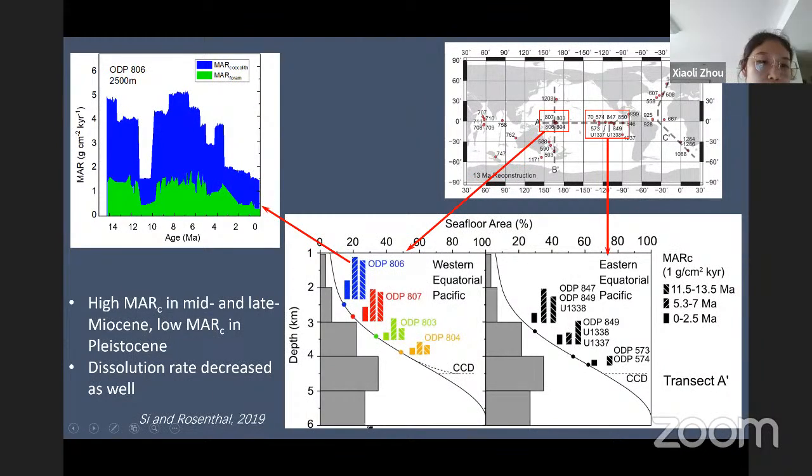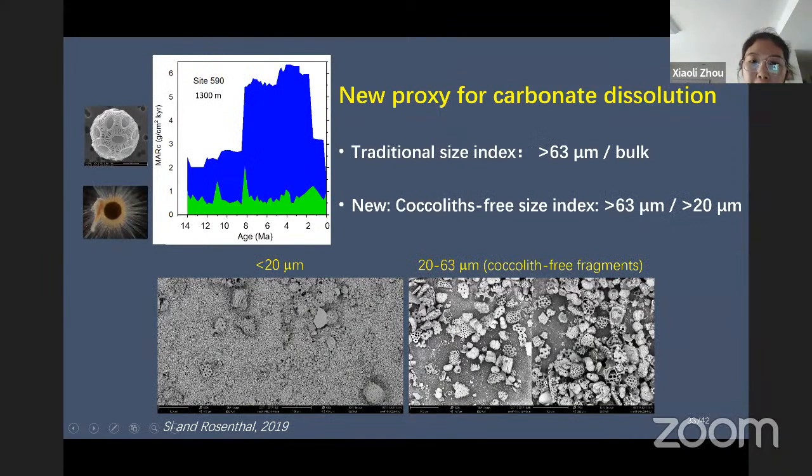Okay, so how do we assess the dissolution? Traditionally, we use the fraction of sediment that is larger than 63 microns over the bulk sediment. However, there's a problem here because the rationale behind this proxy is that we use the fragmentation of foram to indicate how strong the dissolution is. However, there's a lot of coccoliths here, as I showed you before, and also here.